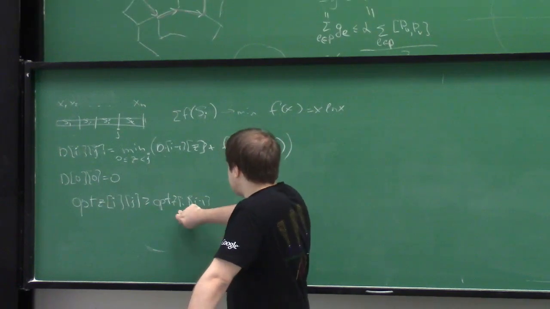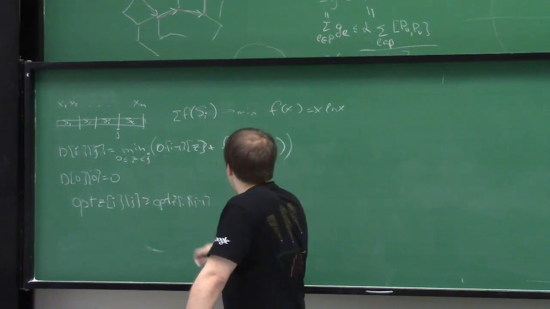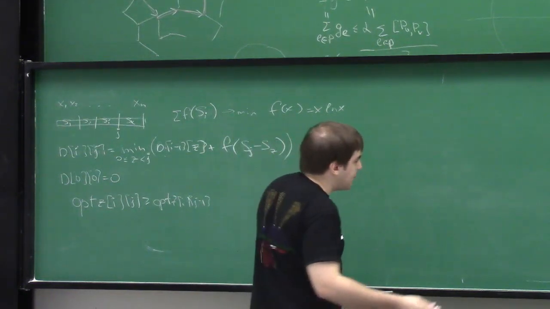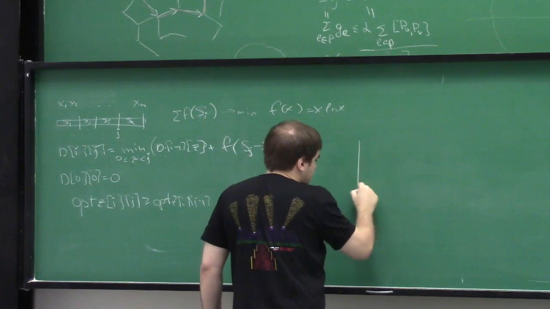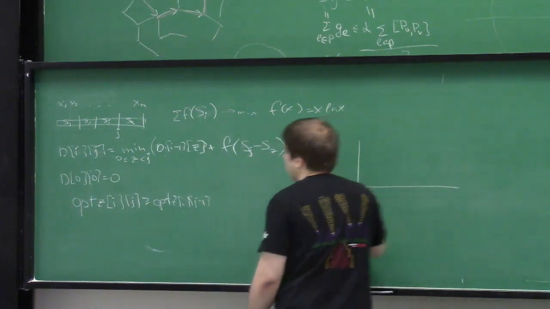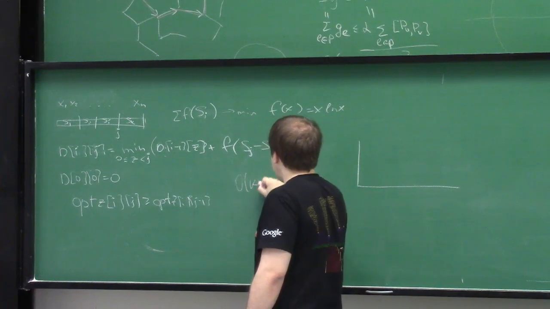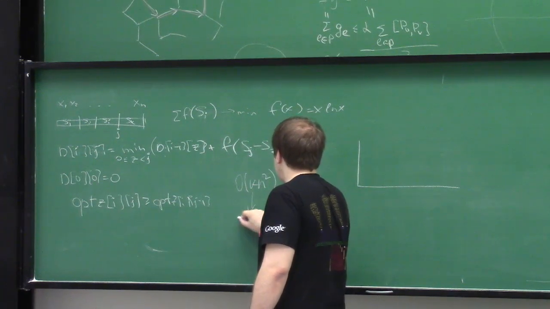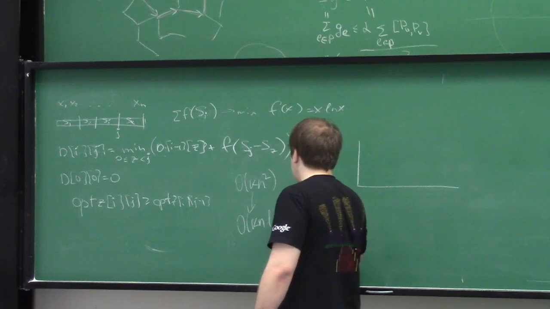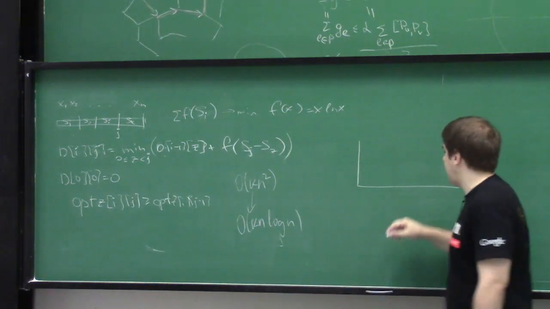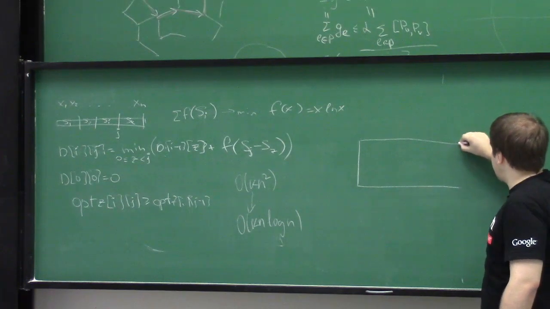So if we have such a condition, here it holds, then let's try to figure out how to calculate the dp. The dp, in this form, works in O of kn squared, and we will optimize it to O of kn log n. So how will we do that? Here we have our table of dp.